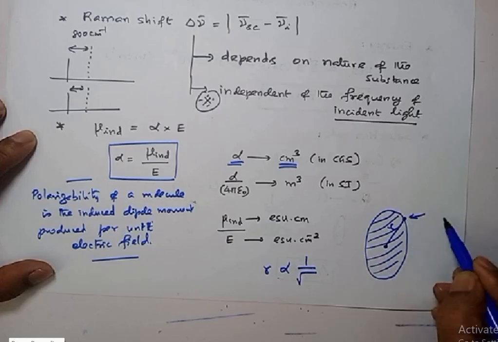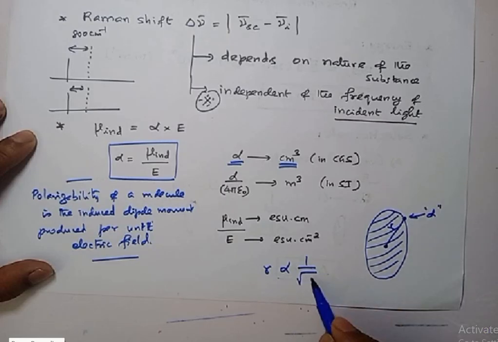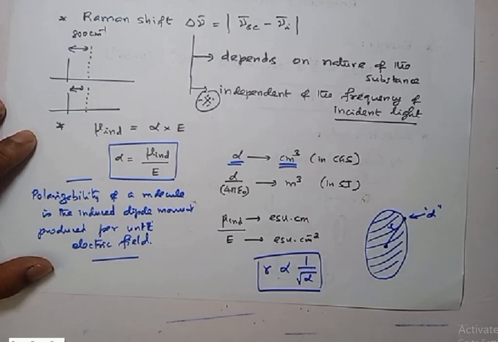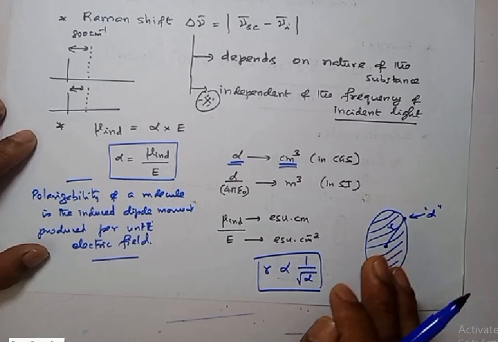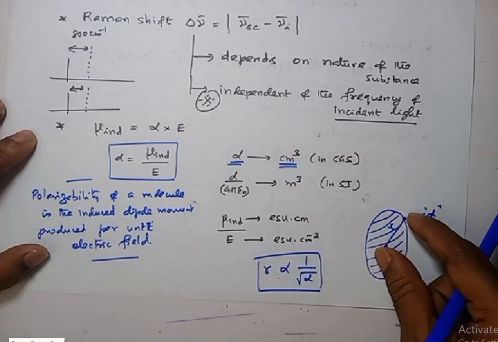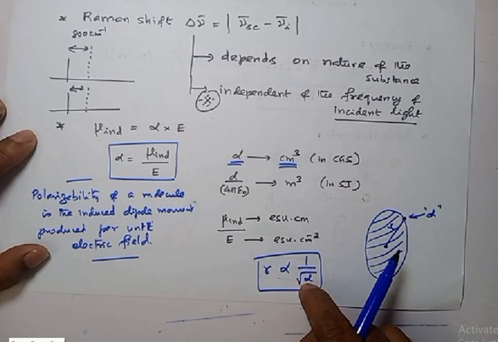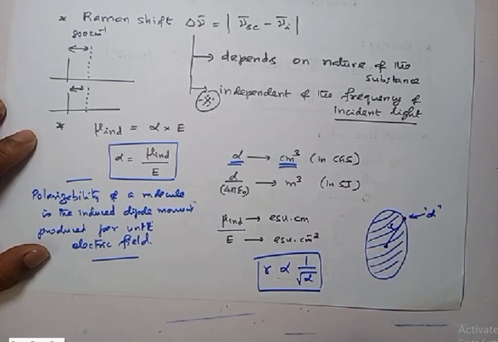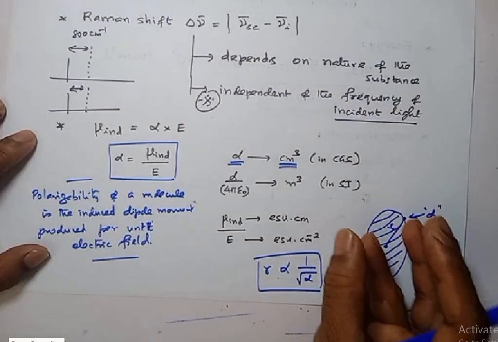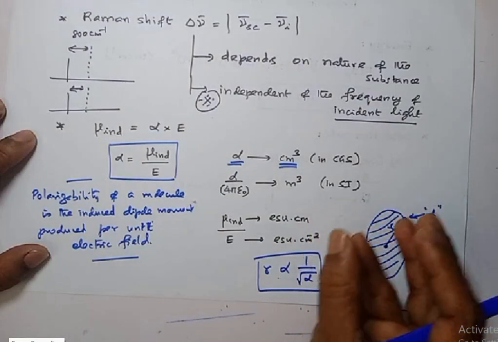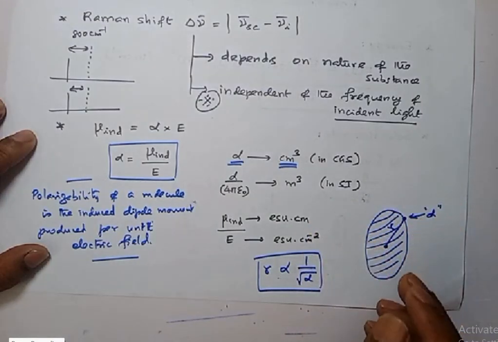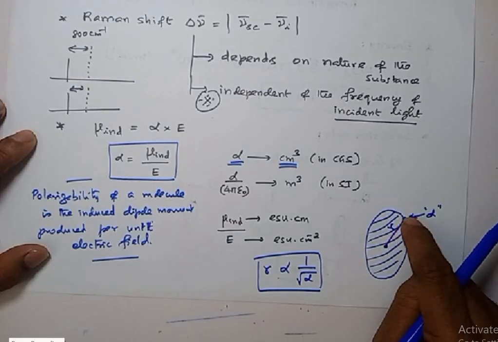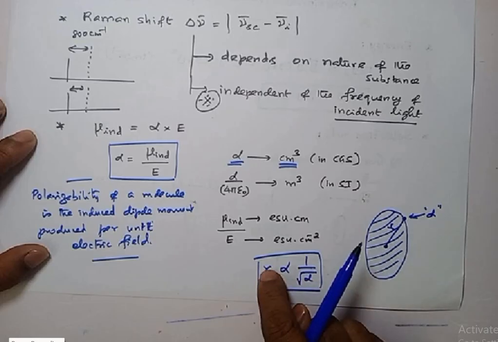At this point, the polarizability is alpha, then R is inversely proportional to the square root of alpha. What is meant by that? If alpha is small, then the distance is large. If the polarizability at this point is high, then R will be small.